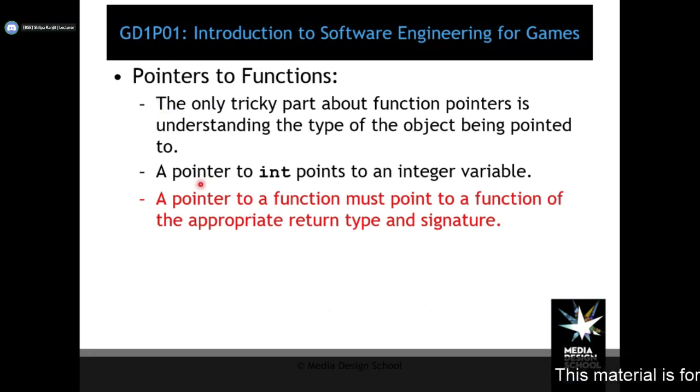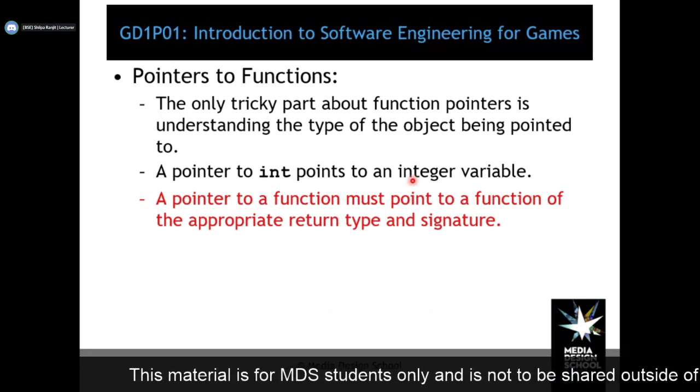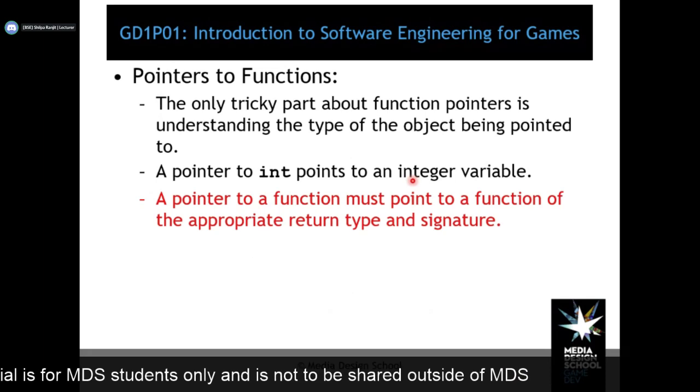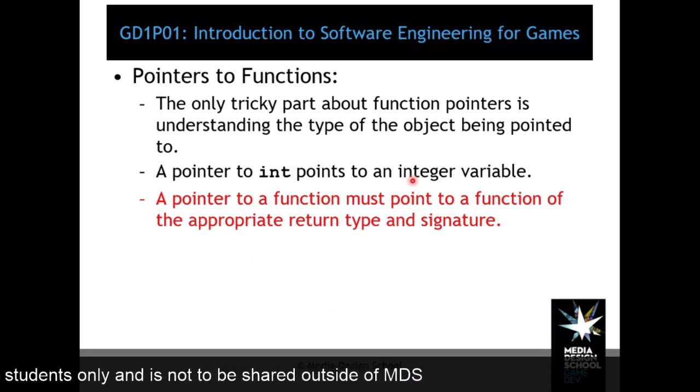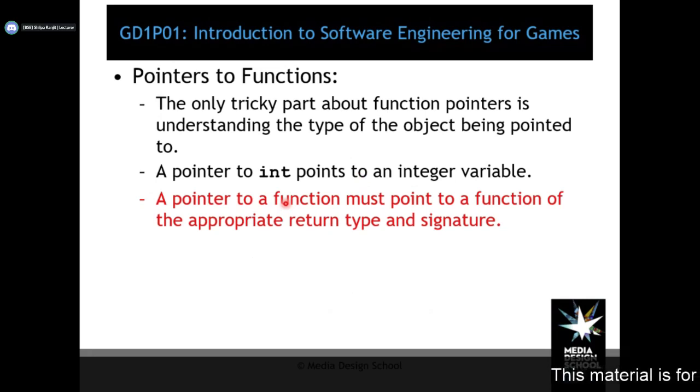Now, if you talk about an integer variable, how would you create a pointer to an integer variable? All you need to do is say something like int star ptr, which clearly says that ptr is a pointer to an integer variable. So here the only thing you need to specify is the int data type. But in the case of functions, there are a number of things that you need to think of.